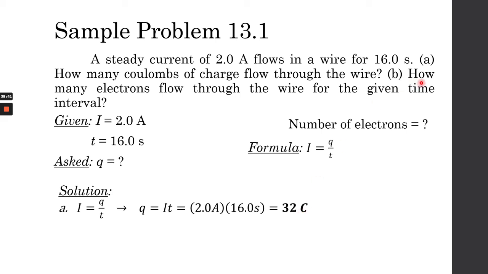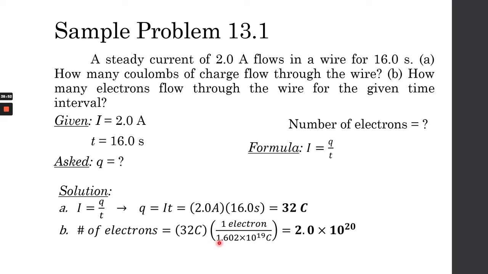So how are we going to measure the number of electrons? We know that there's a total of 32 coulombs that flow through the wire. We can simply divide the 32 coulombs by the charge of our electron. Since we're talking about the number of electrons, there's no negative, so we have to use the absolute value of the charge of our electron.